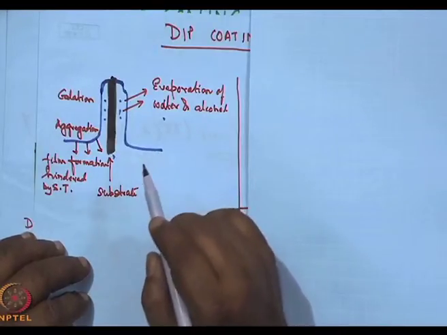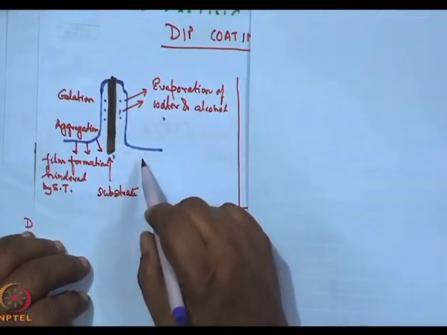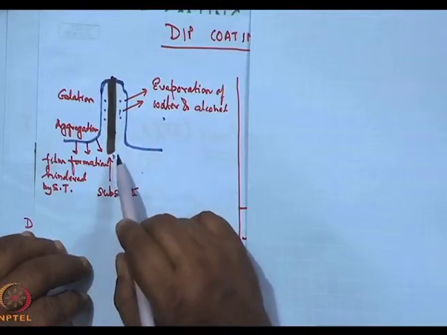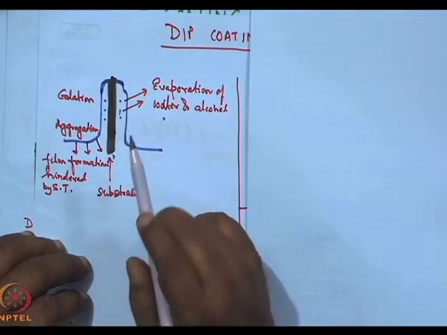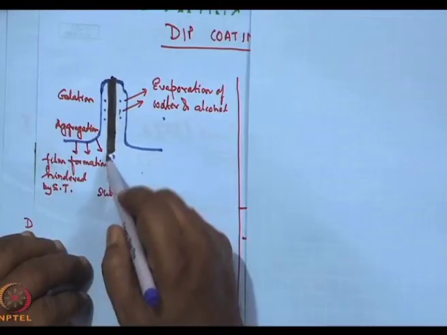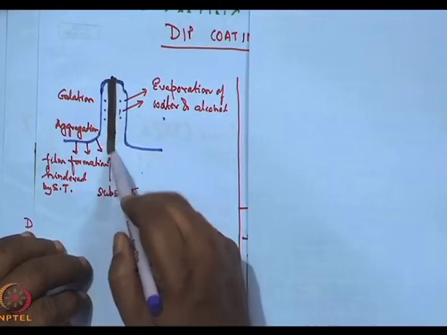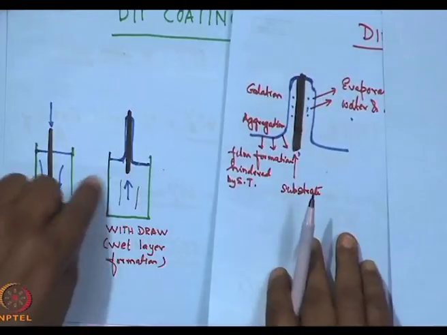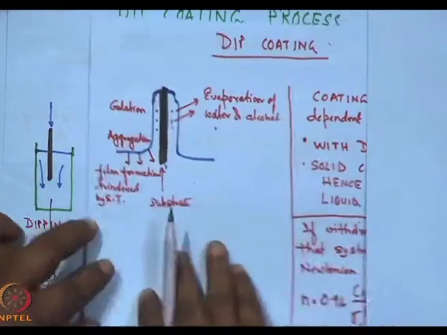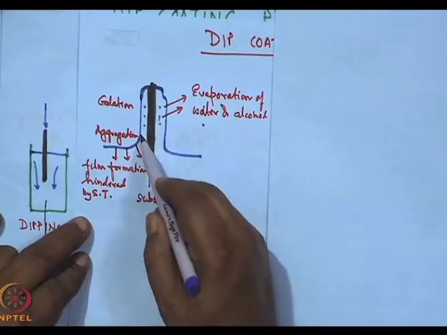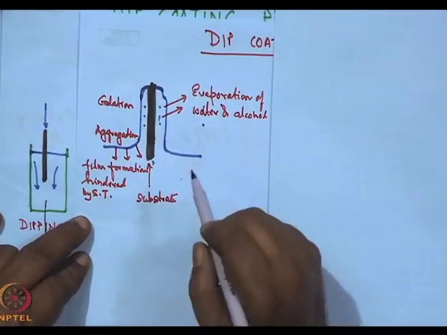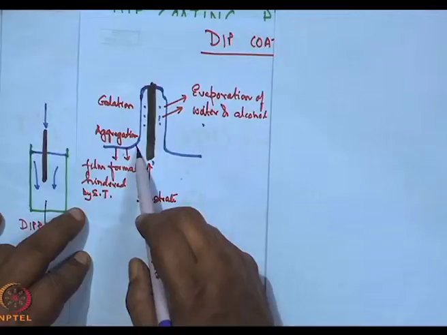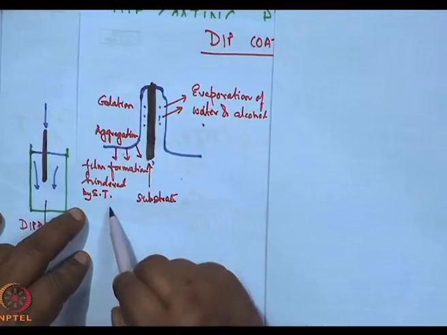In order to control the thickness, it is very essential that this whole process be done under controlled atmosphere. And over here, at the tail end, as the substrate is being withdrawn, at this particular level I will have aggregation, and here film formation is prevented by surface tension.